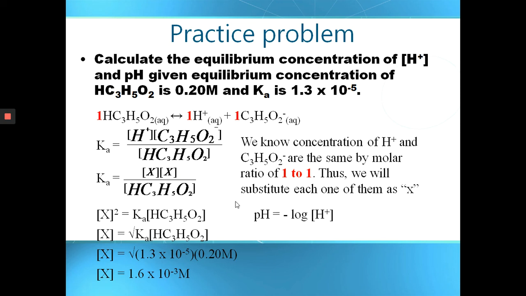And then we're going to use the concentration of hydrogen to calculate the pH level. So the pH level is negative log of the concentration of hydrogen. Go ahead and plug in the number from the calculation, and you find out the pH level is 2.8.